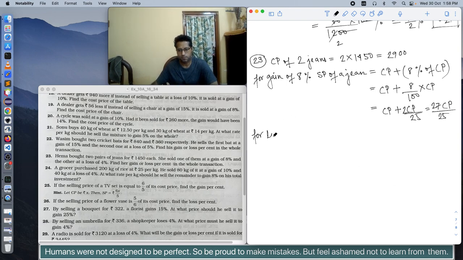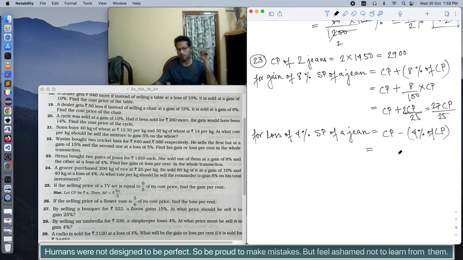Now for a loss of 4%, the selling price of a jean will be, when there is a loss, the selling price is equal to cost price minus the loss. So cost price minus loss means loss percent of cost price, and the loss percent is 4% of cost price.